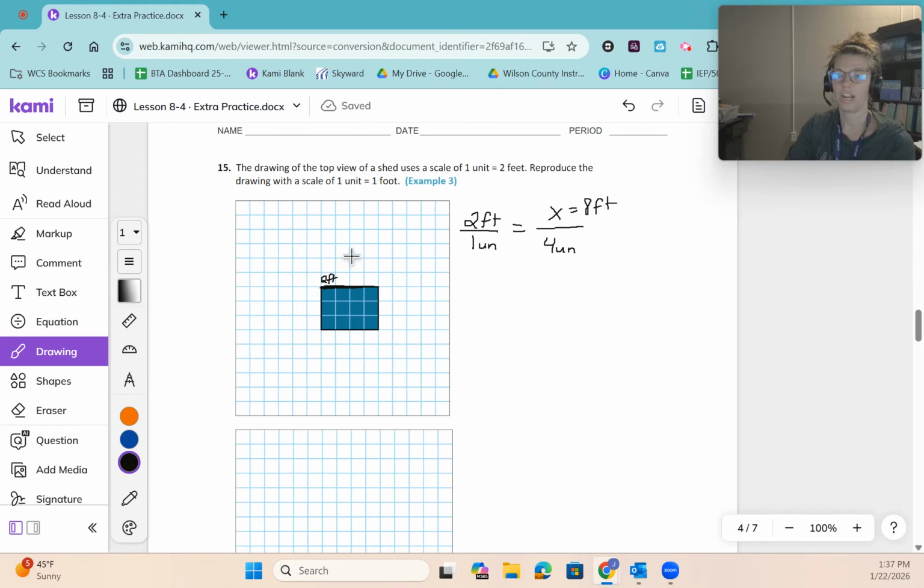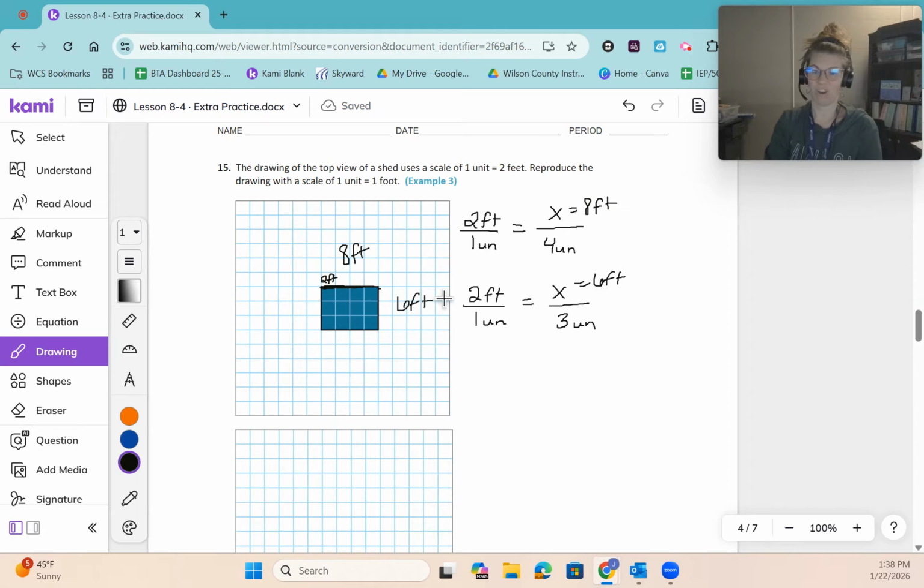So now we know this side is 8 foot. We're going to do the same thing to the height, and that is going to be the same scale: 2 feet is 1 unit. So how many feet is 3 units? Same thing. 2 divided by 1 is 2, times 3 is 6. 6 foot.